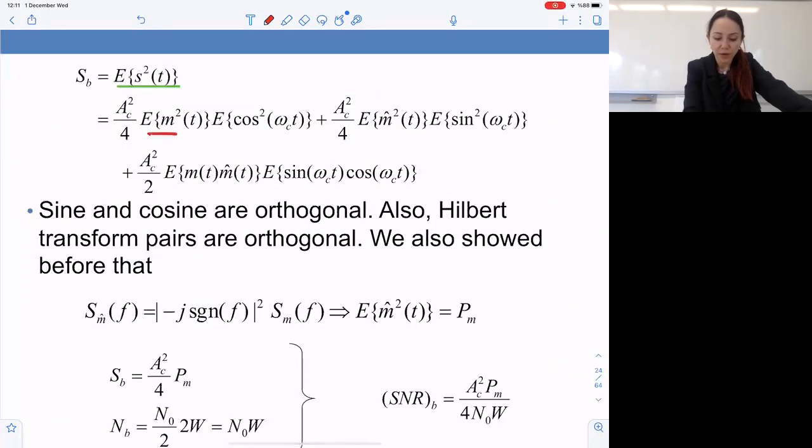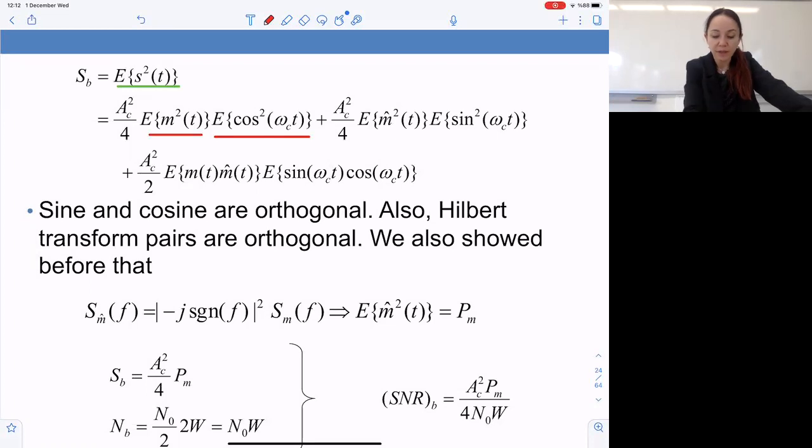So expected m(t) squared, expected cosine ωct squared. Well, cosine ωct is simply a deterministic signal. That is why it comes out. I mean, the expectation is split into two. Also, the sine and cosine are independent, orthogonal. At this moment, we're not using it. We will use it later on.